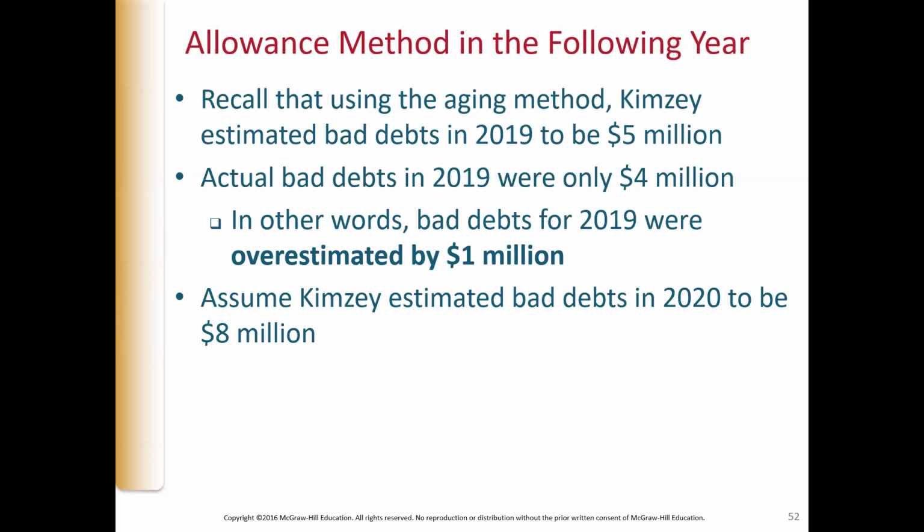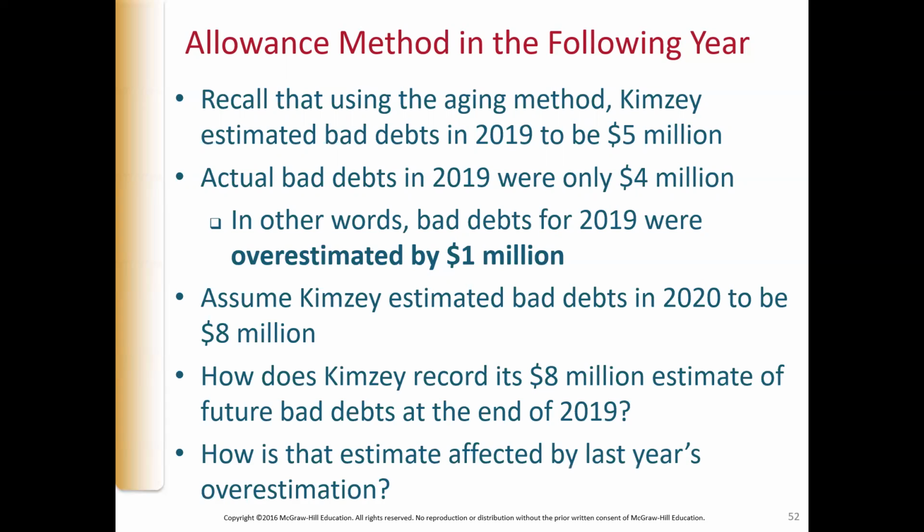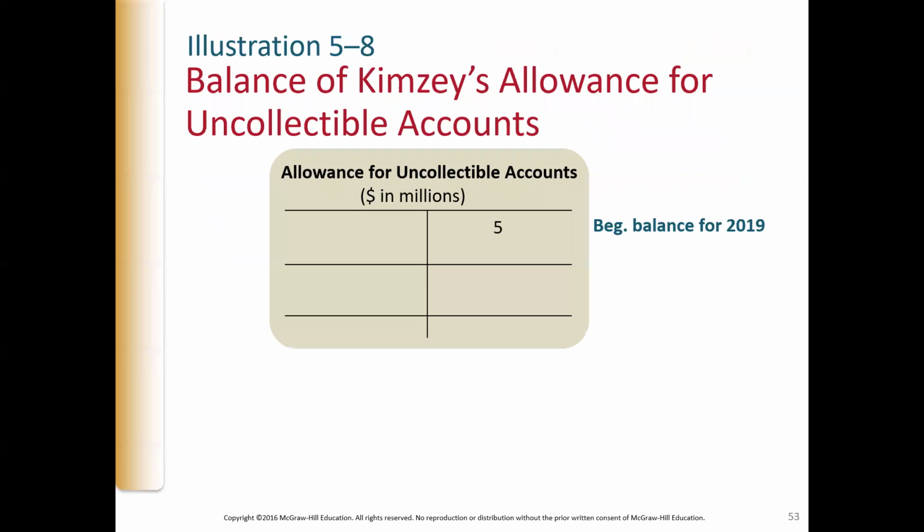But guys, look what happens. In the next year, when we estimate bad debt expense to be $8 million, how does Kimsey record its $8 million of estimates? What we do, guys, is we will offset the difference. Just like when we worked on a problem where we had understated our bad debt expense the previous year, in this example, we overestimated the bad debt expense in the previous year.